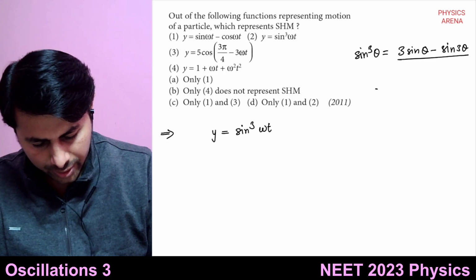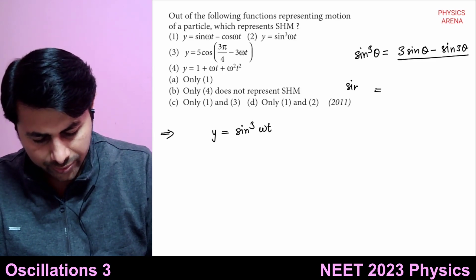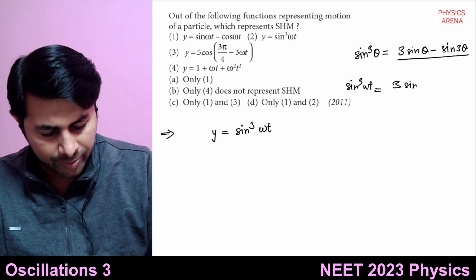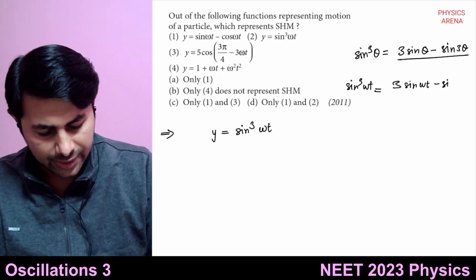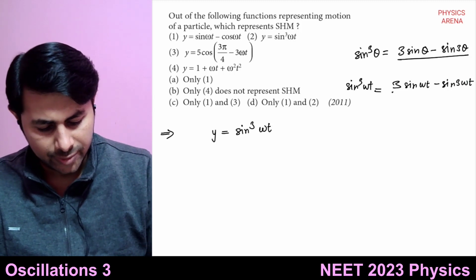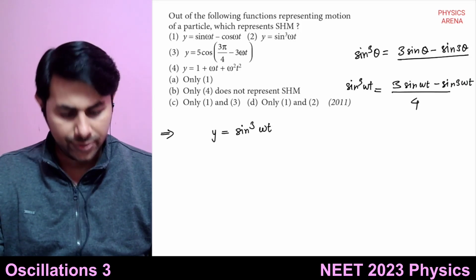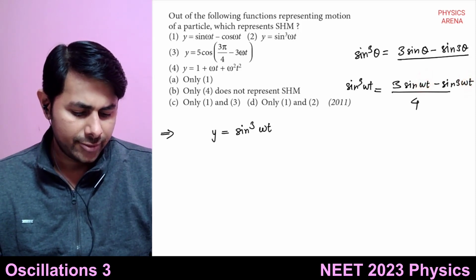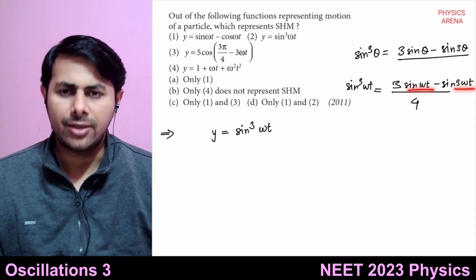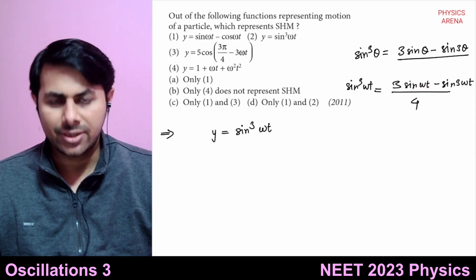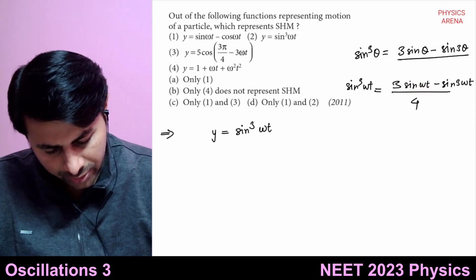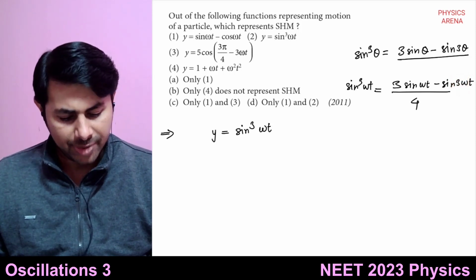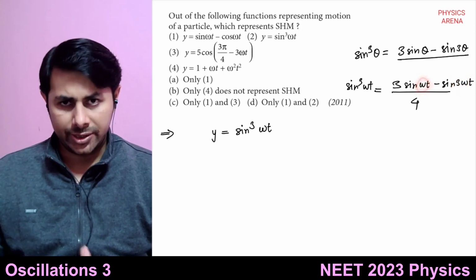So if we write sine cube of omega t, we'll get 3 sine of omega t minus sine 3 omega t with this factor. Now the frequencies of this one and this one are different. Frequencies are not same, right? The frequency of the second term is 3 times as much as the first term.